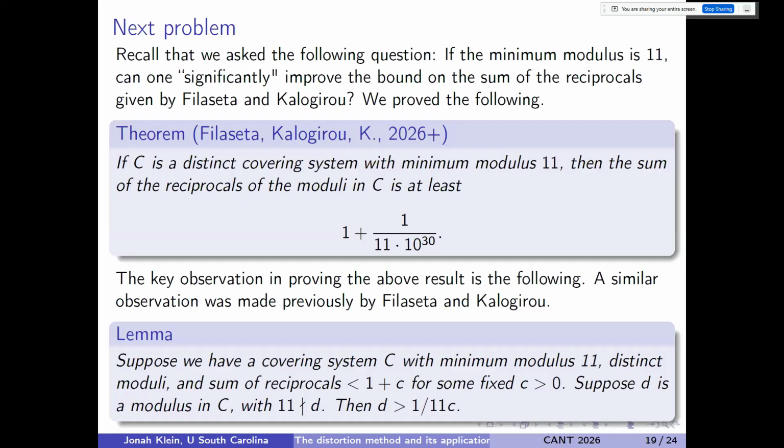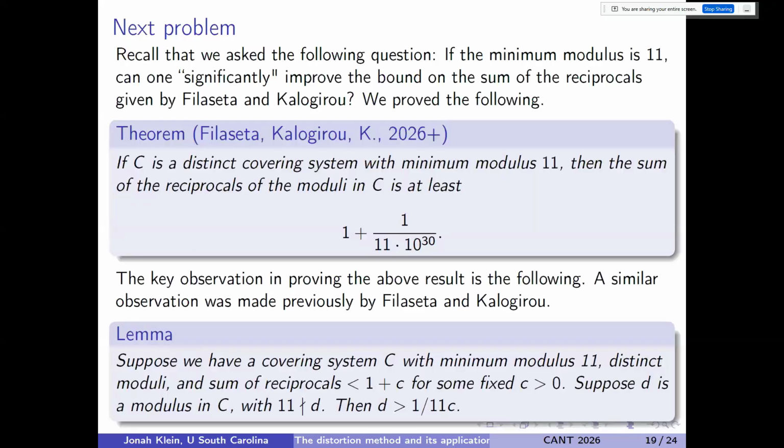Suppose d is a modulus with 11 not dividing d. Then d is greater than 1 over 11c. Essentially, if 11 doesn't divide d, d is coprime, they have to intersect, and that intersection forces the sum of the reciprocals to be large. So there can't be very large intersections, which is what that's saying right there.